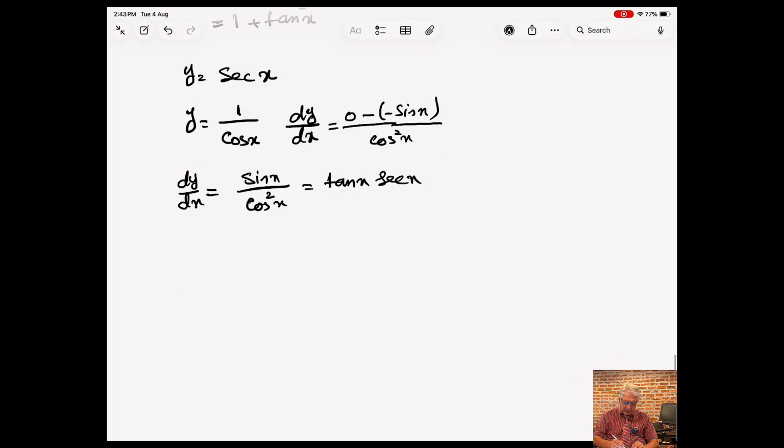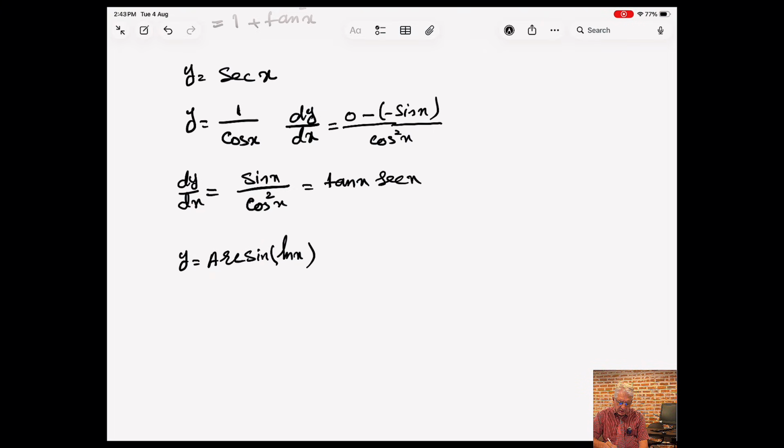I give one more example of this. Suppose y is equal to arc sine of ln of x.